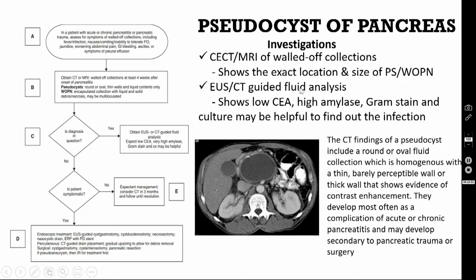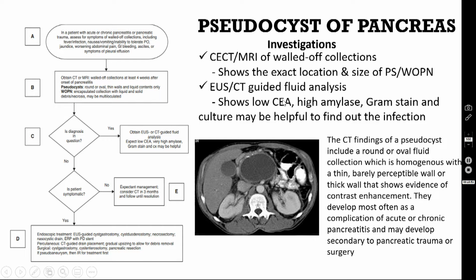EUS or CT guided fluid analysis also you can do if the diagnosis is doubtful or you want to rule out any infection. That fluid analysis will show low carcinoembryonic antigen if it is just a walled off collection.